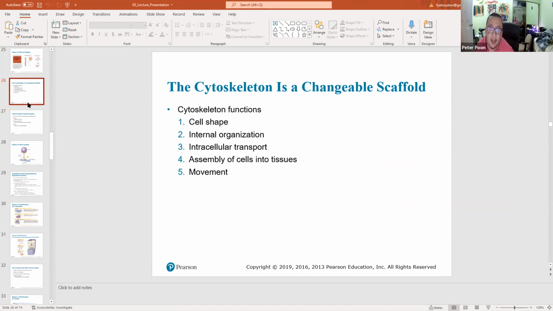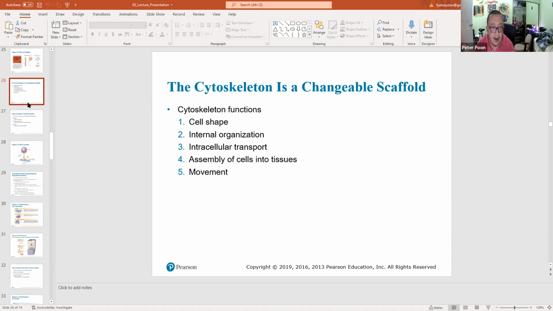So the cytoskeleton is a changeable scaffold. Cells are actually extremely dynamic. I don't think we explained it really well, and definitely not in high school biology, and you guys probably don't have enough biology background, but cells are extremely dynamic and change constantly.